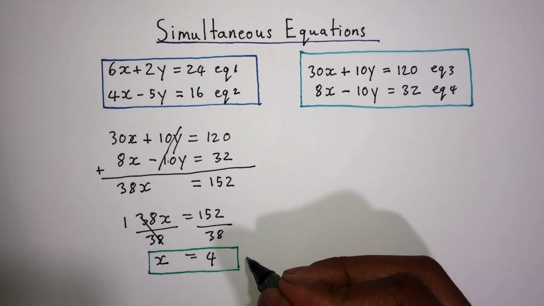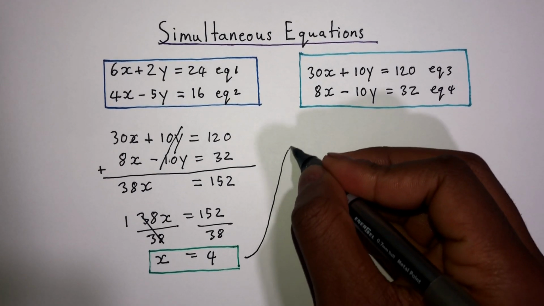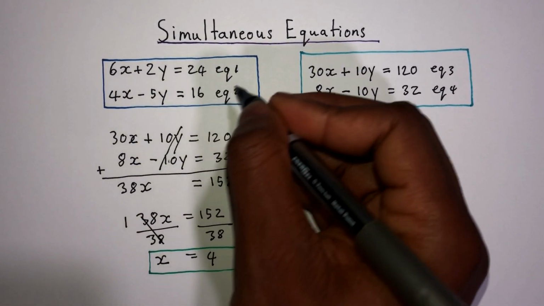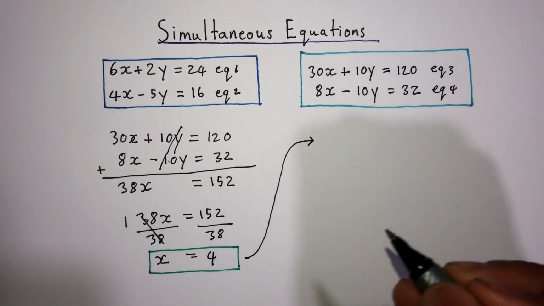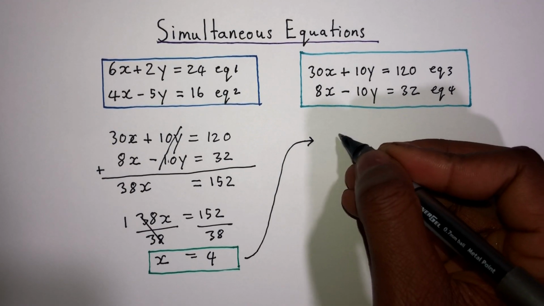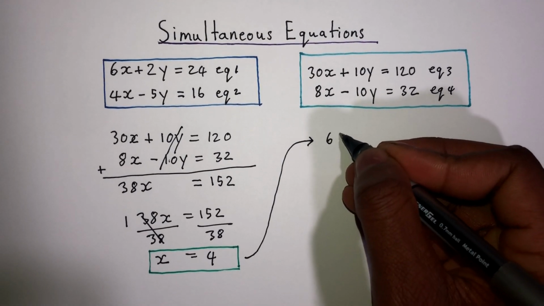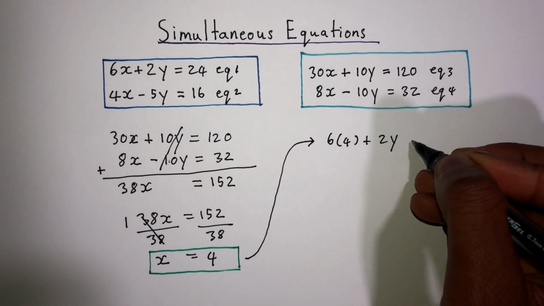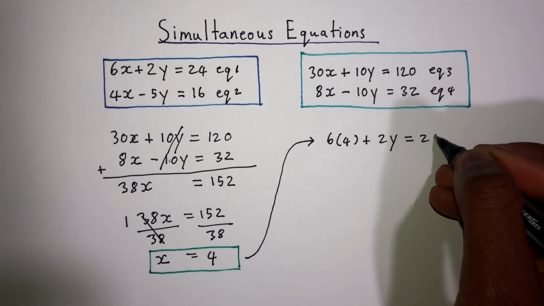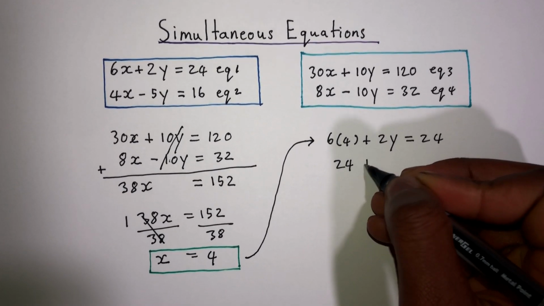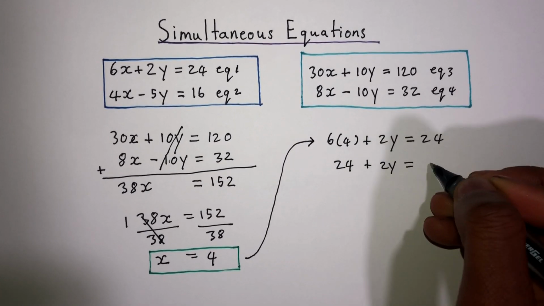Now we're going to substitute our x value into either equation 1 or 2, and then solve for y. I'm going to put it into equation 1. So 6 times 4 plus 2y equals 24. 6 times 4 is 24, plus 2y equals 24.